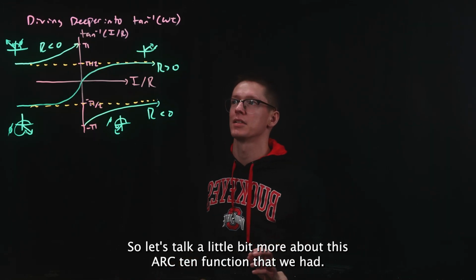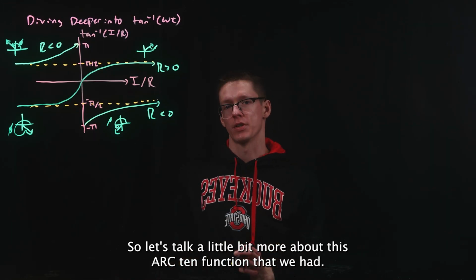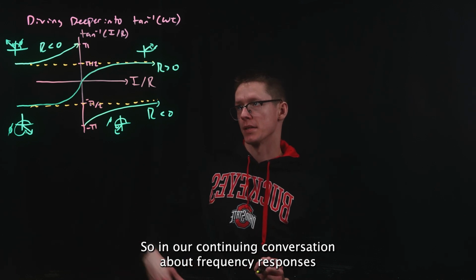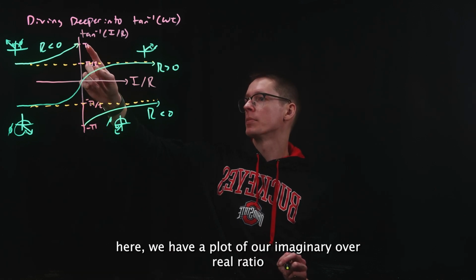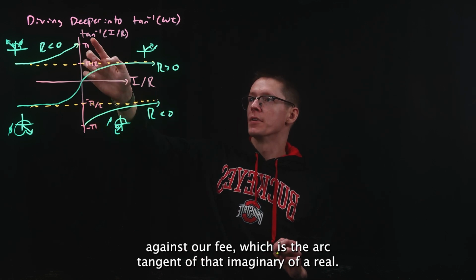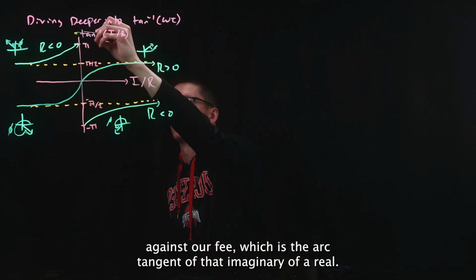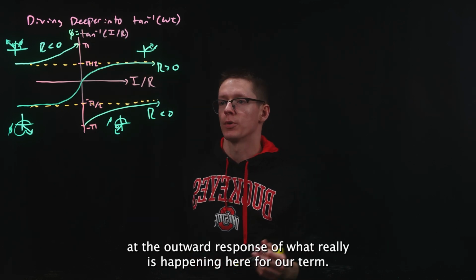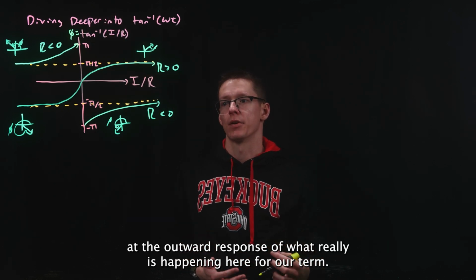So let's talk a little bit more about this arctan function that we had. So in our continuing conversation about frequency responses, here we have a plot of our imaginary over real ratio against our phi, which is the arctangent of that imaginary over real. And so here we're looking at the outward response of what really is happening here for our r term.